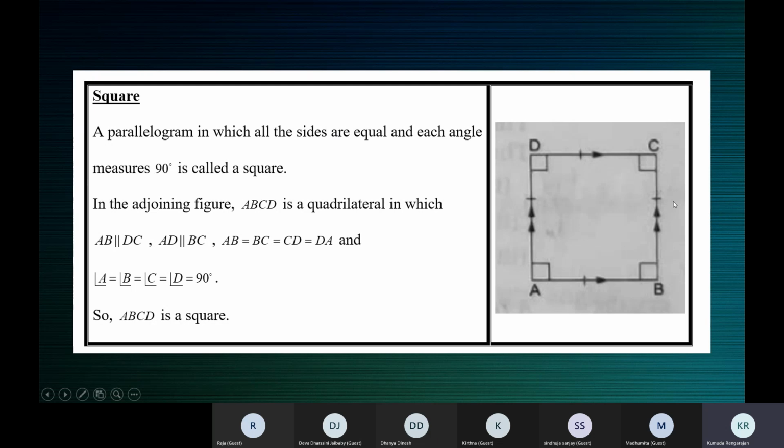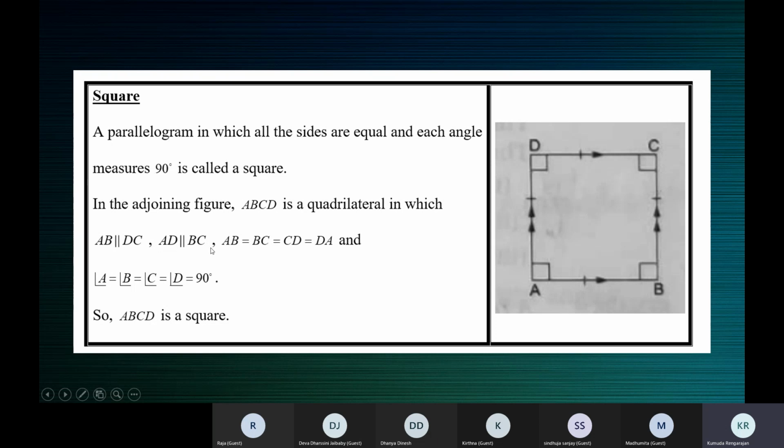Now in this figure, opposite sides are parallel. You can see they're marked with single head arrows and double head arrows here. So since opposite sides are parallel, it is a parallelogram and all the sides are equal. In the parallelogram, all the sides are equal and all angles measure 90 degrees. So it is a square.